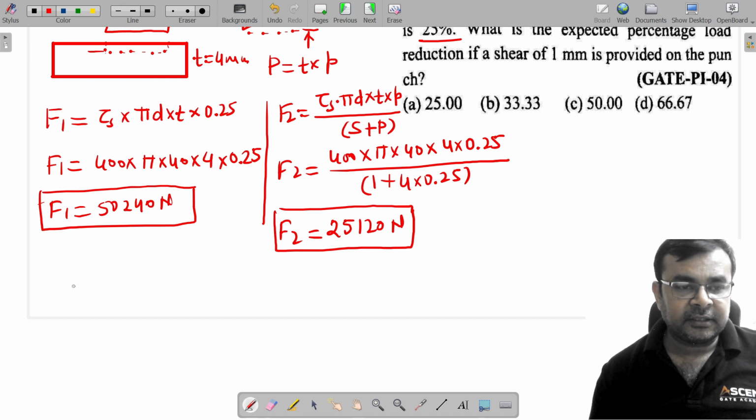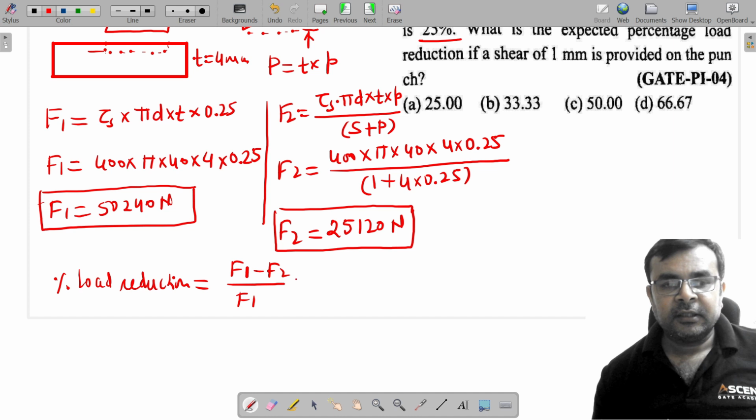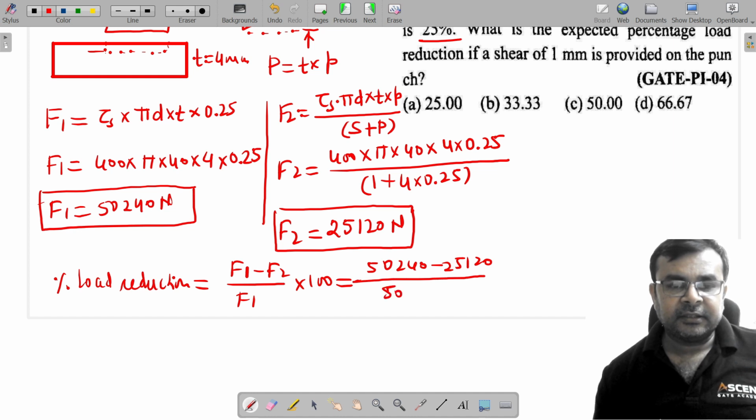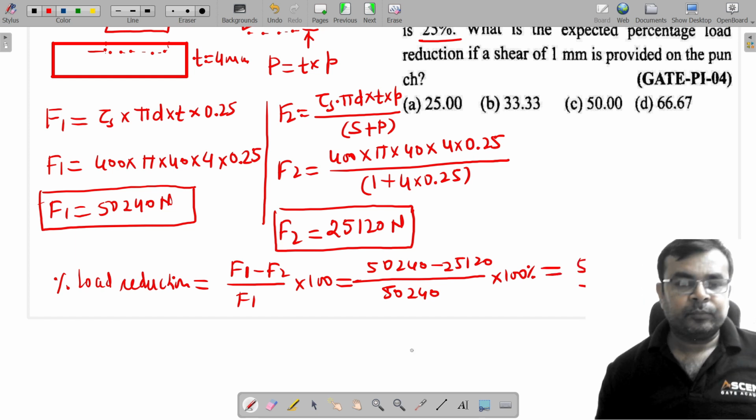Percentage load reduction is F1 minus F2 over F1 into 100%. Because F2 is half of F1, when you put in this value, we get 50% reduction.